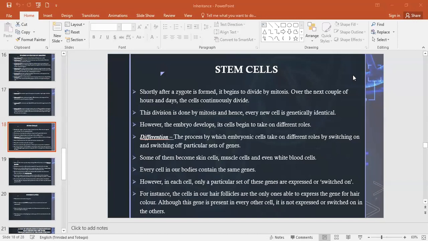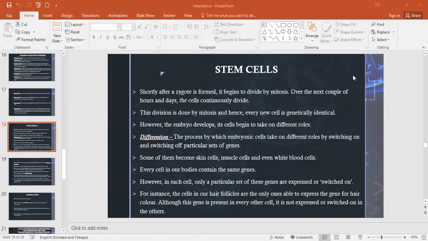However, it is not activated anywhere else, but it is activated where it's supposed to be. All right, so the genes can be switched on or switched off. So if a gene is switched on, then basically the particular gene, which is the particular instruction, will be relayed to the cell, and that will determine what the cell moves on to do, and how it is expressed.